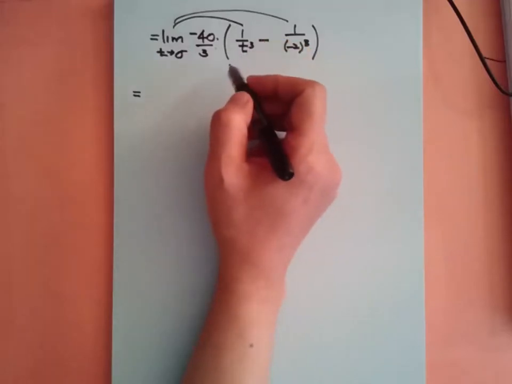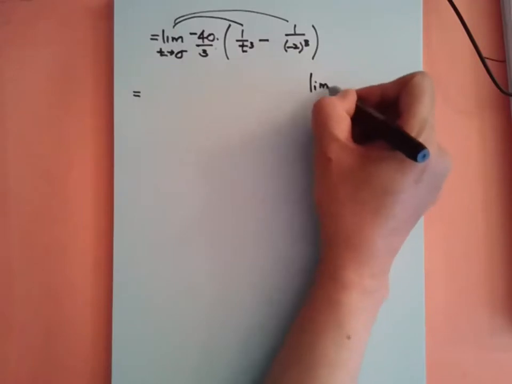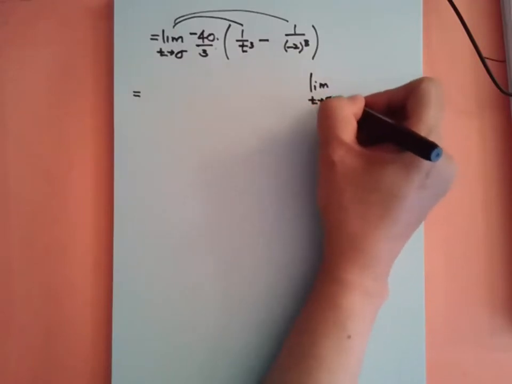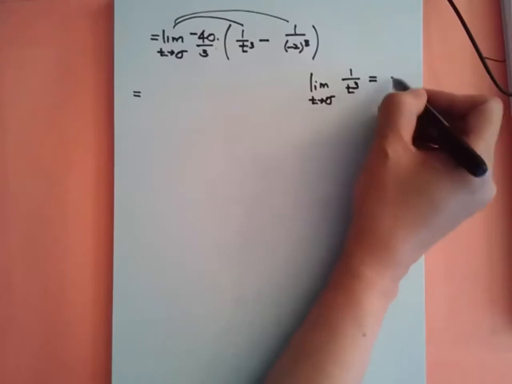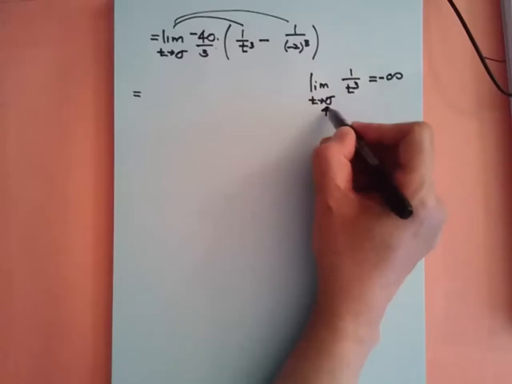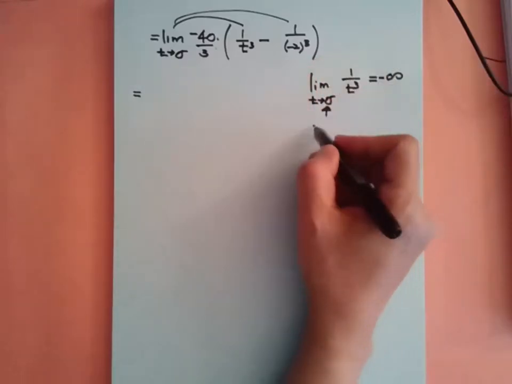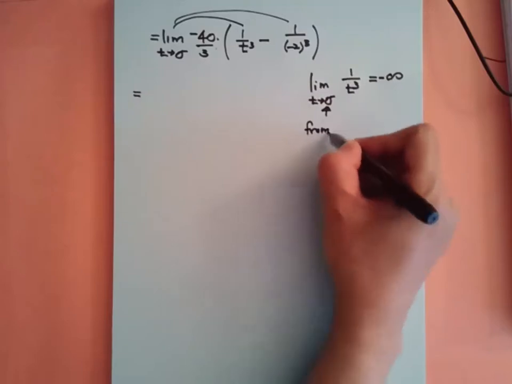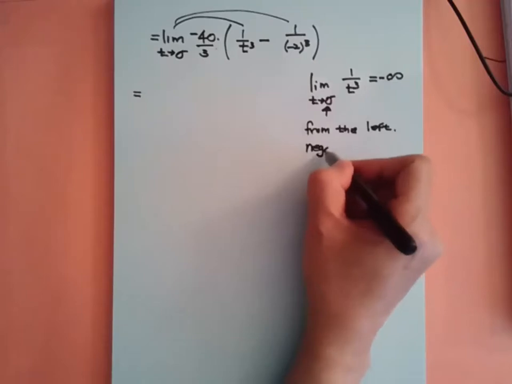But the problem is when we think about the limit as t goes to 0 from the left of 1 over t cubed. That goes to negative infinity, because t approaches from the left, so these are negative numbers.